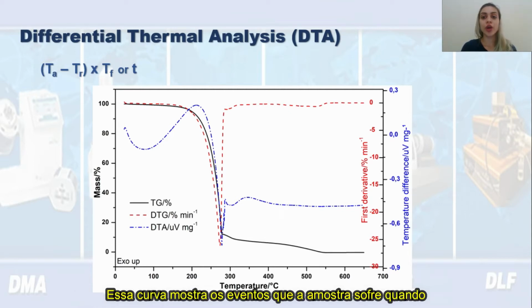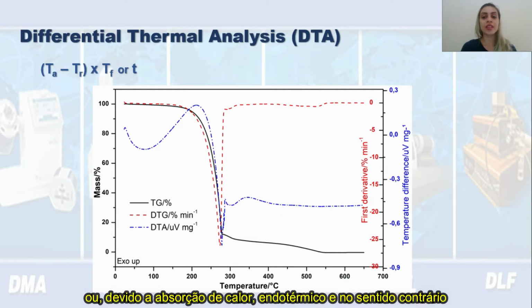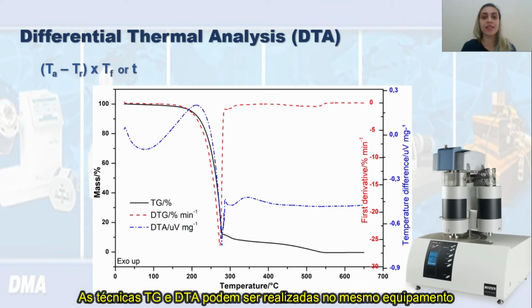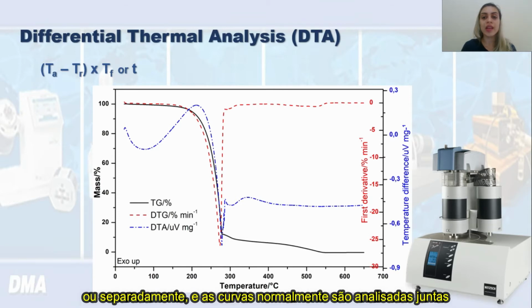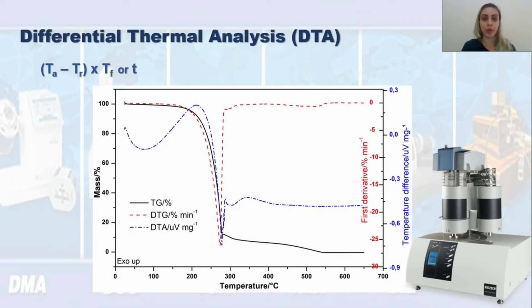This curve shows the events that the sample undergoes when subjected to heating, which can be exothermic when releasing heat, and normally these events are shown upward in the figure, or due to heat absorption, endothermic, in the opposite direction. TG and DTA techniques can be measured in the same equipment or separately, and the curves are usually analyzed together to obtain more conclusive information about a sample.